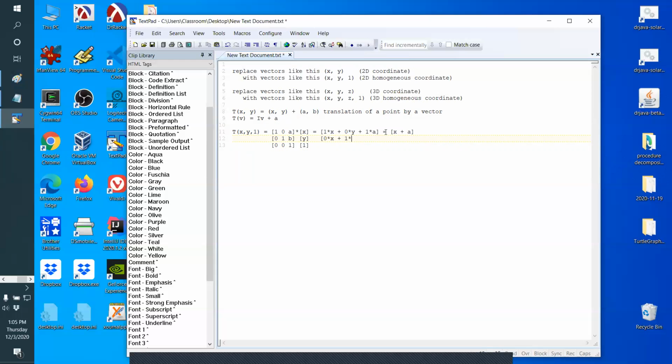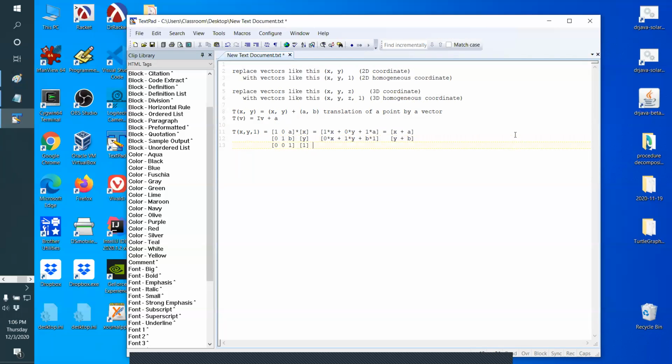If I read across the middle row of the matrix, down that column, I get 0 times x plus 1 times y plus b times 1, which simplifies to y plus b.